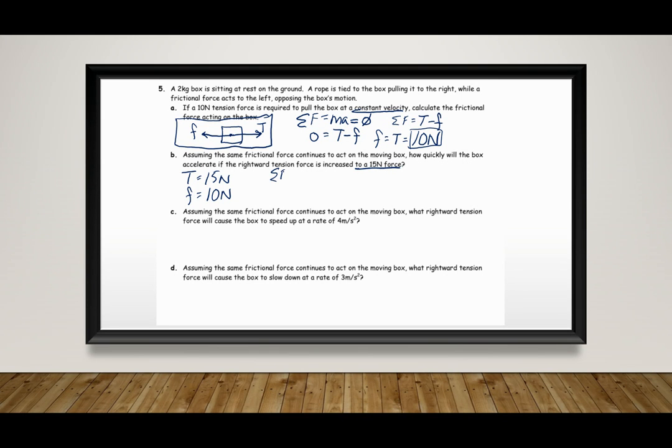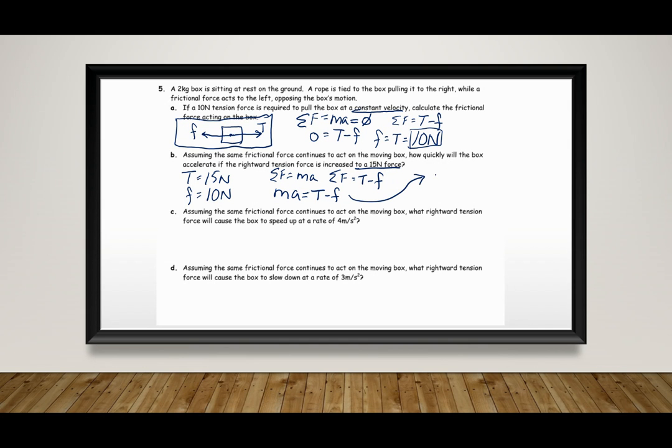So we know sum of forces equals mass times acceleration. Sum of forces is equal to tension minus friction. So mass times acceleration is equal to tension minus friction.